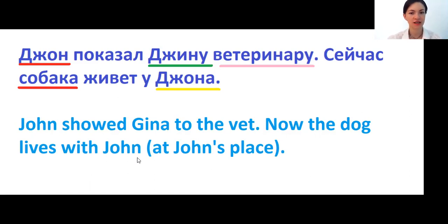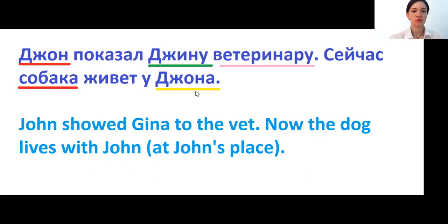But I think it's a little bit not correct. And I wrote, now the dog lives at John's place. It's closer to the Russian language. So let me know, please, what sounds better. Сейчас собака живет у Джона.